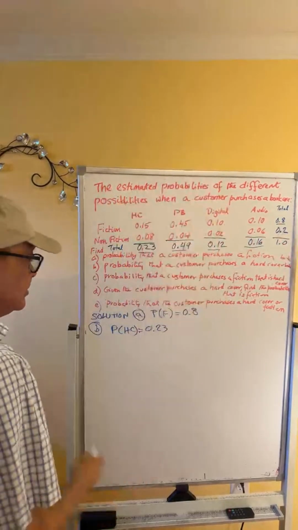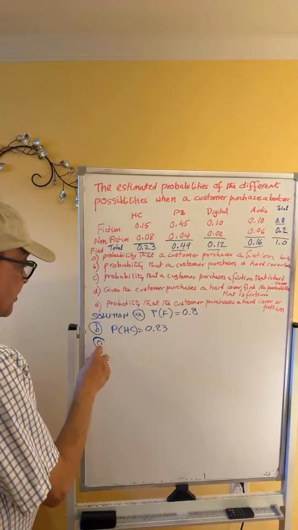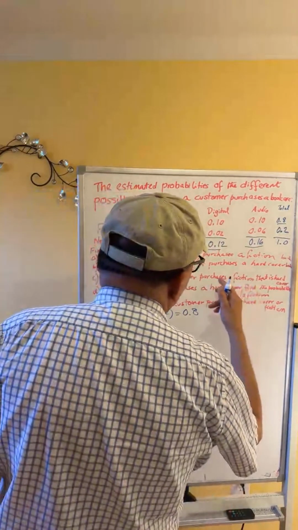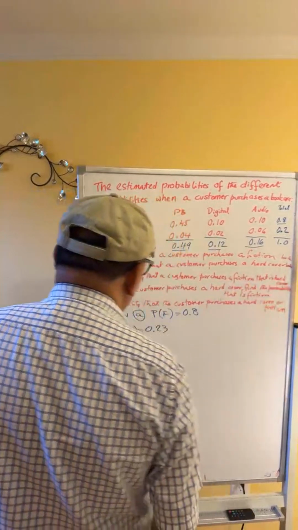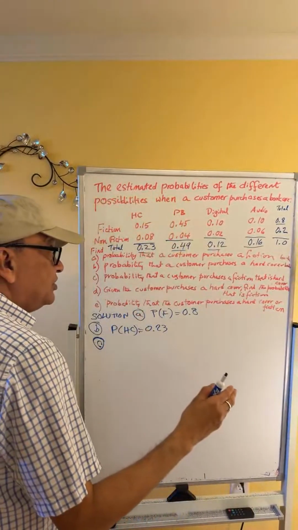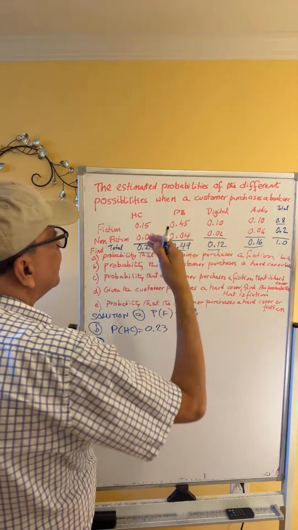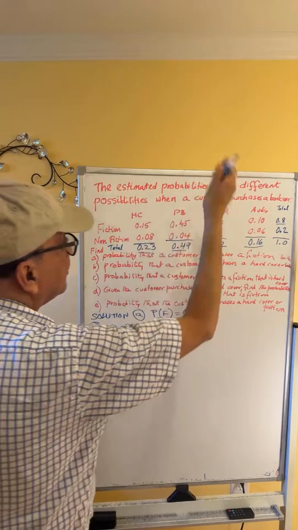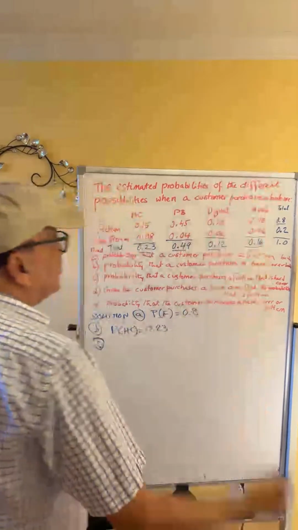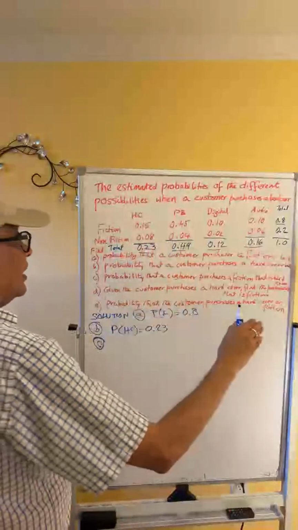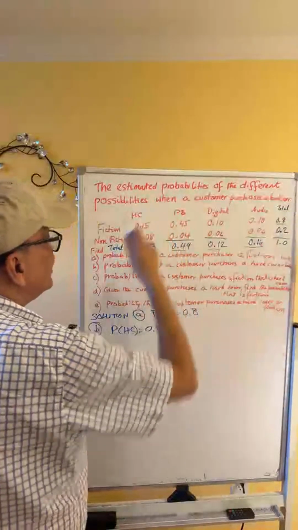So part A is the sum of the first row, part B is the sum of the first column, two entries. Part C says, probability that a customer purchases a fiction that is hardcover. What does it mean? It means a fiction can appear as hardcover or paperback or digital or audio. But here we are only interested in a customer purchasing a fiction which is a hardcover.